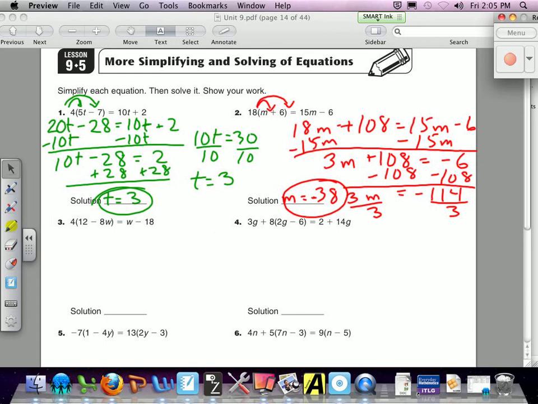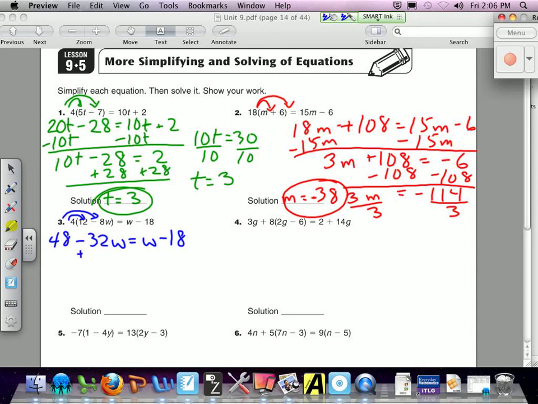For problem number 3, again, distributive property is going to be my first step. So 48 minus 32w equals w minus 18. I like to have positive amounts of w's. In this case, it means I'm going to add 32w to each side.